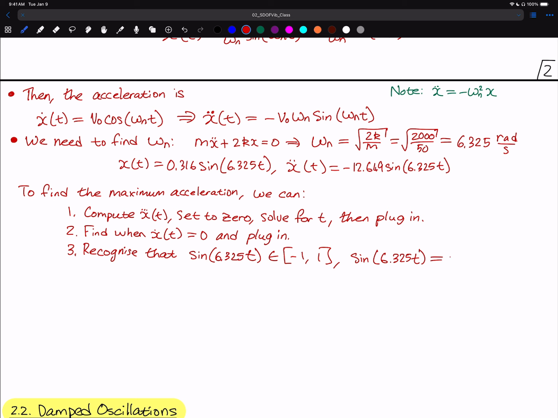And so we're looking for a maximum here. We'll just say this must be equal to 1, and therefore we can solve for t sub m. That's the time of maximum. When that is equal to 1, we can clearly see that the maximum acceleration is going to be minus 12.649, or this could be equal to -1.